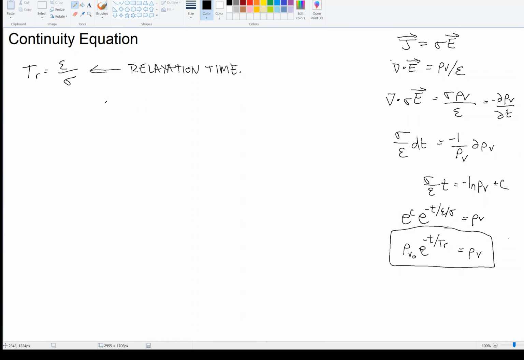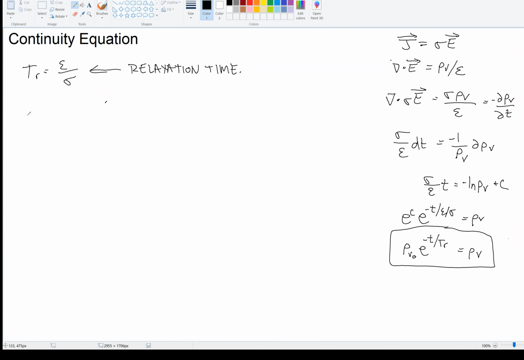That means charge is leaving the material, and so that produces a current. The relaxation time is the amount of time it takes charge placed at the interior of the material to drop to roughly 37%, or e to the minus 1 of its initial value.